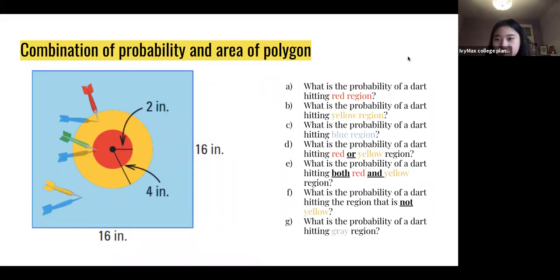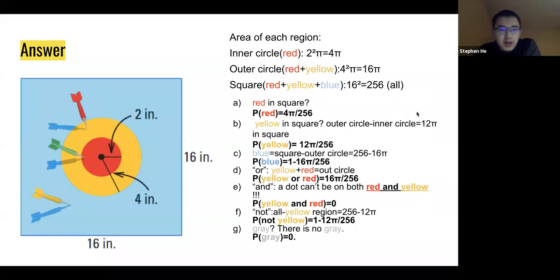So Steven, you want to explain B? So for B, you need to find the area of the yellow region. So you have to take the area of the big circle minus the area of the small circle. The area of the big circle is 4 squared times pi, that's 16 pi. And the area of the small circle is 2 squared times pi, and that's 4 pi.